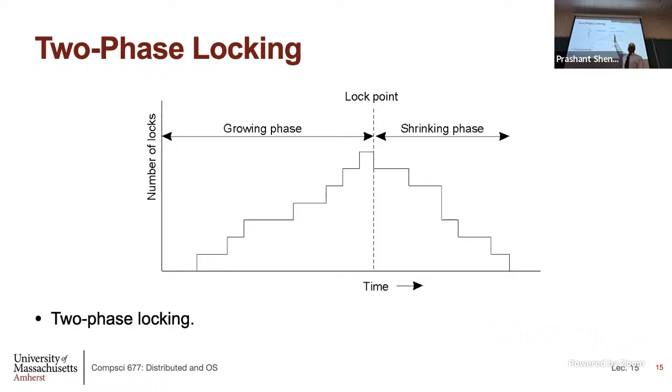And you'll see at this point in time, all the data items you need to touch have been touched. Then the scheduler can start releasing locks, but once you release, you cannot get any more locks. So you have to wait until you are sure that the transaction will not touch any new data items. At that point, you can start releasing, and as you're done with each one, you can release it. This is the shrinking phase.